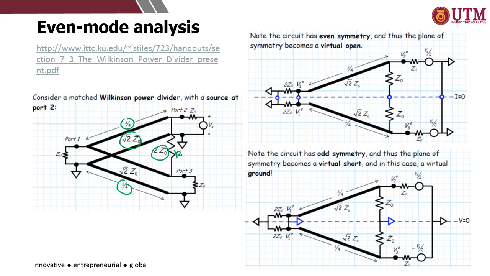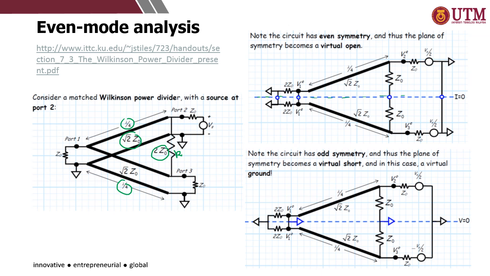All right, so the equivalent circuit for this Wilkinson power divider is shown on the right hand side, in which the superposition technique is used so that the circuit can be seen as symmetrical about the x-axis, as shown by the blue dash line.